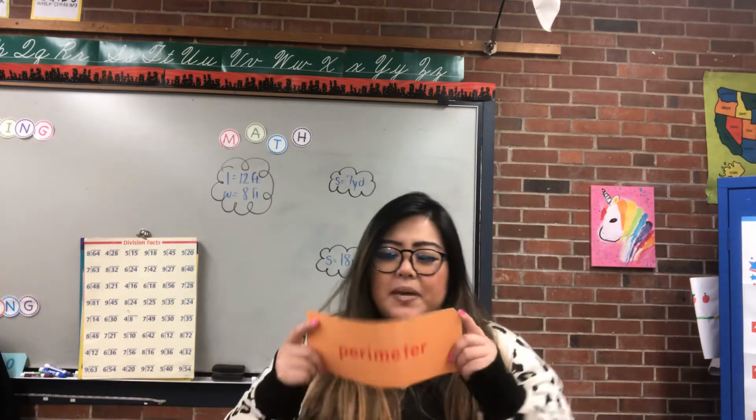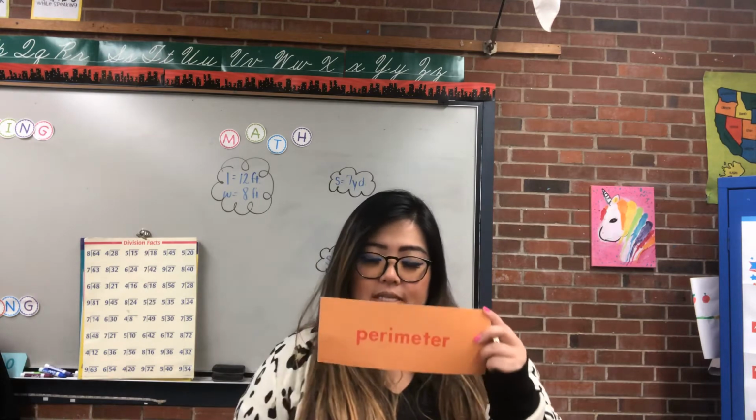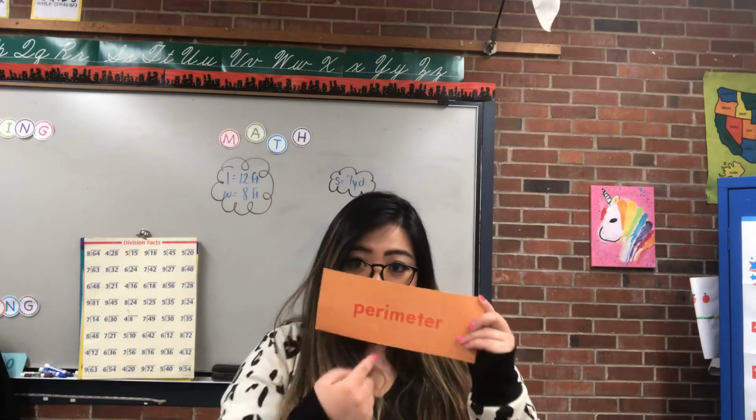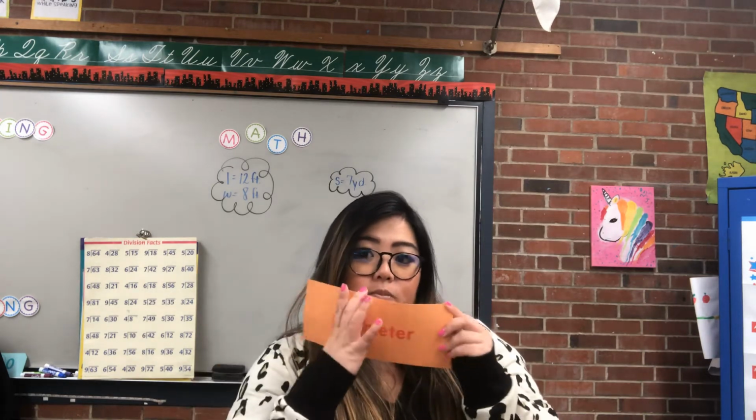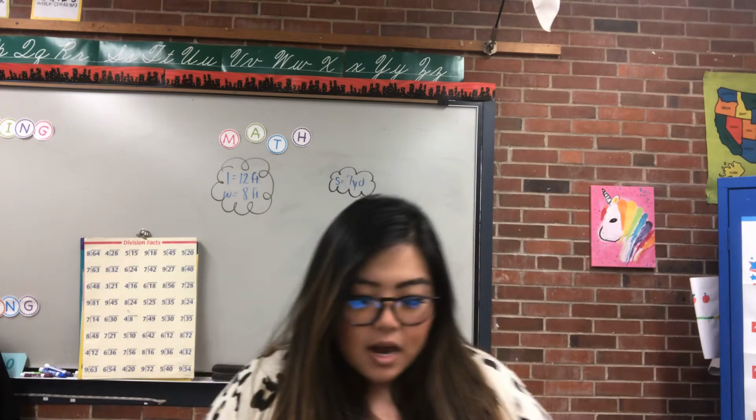And our formula is P equals 2 times the length plus 2 times the width, or P equals 2 times L plus 2 times W. Why is that? Because if this was a rectangle, these two sides are the same, and these two sides are the same. So instead of saying, one side plus one side plus one side plus one side, I can multiply this side by 2 and this side by 2 and add them together, and that would show us the same answer.